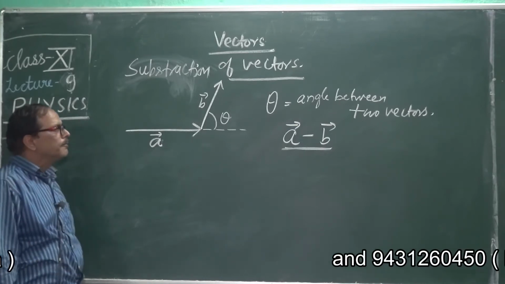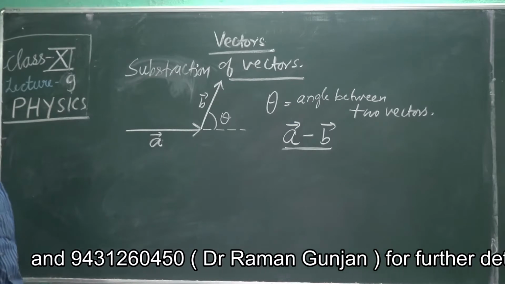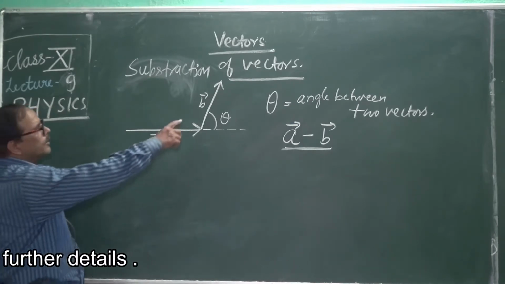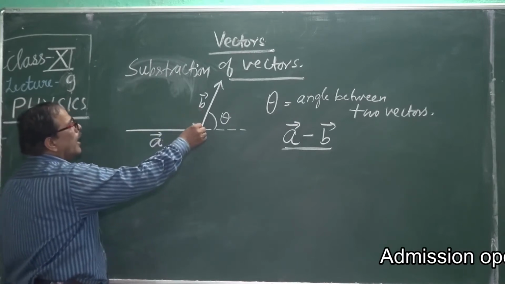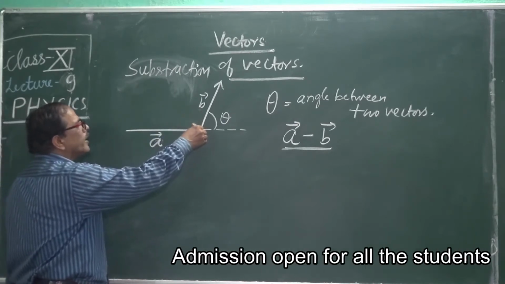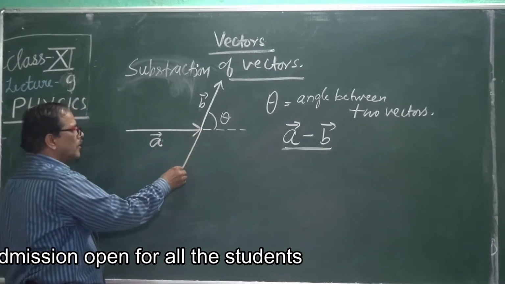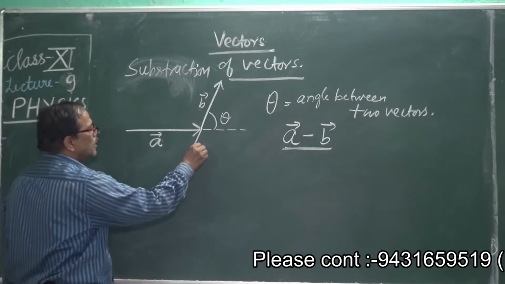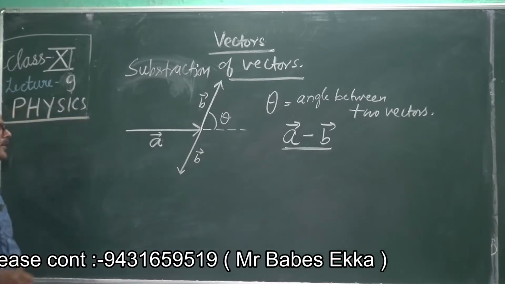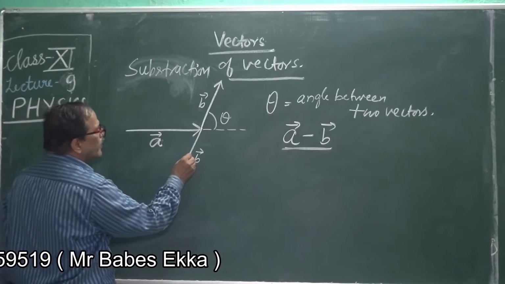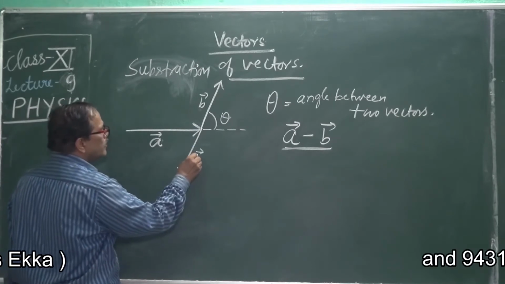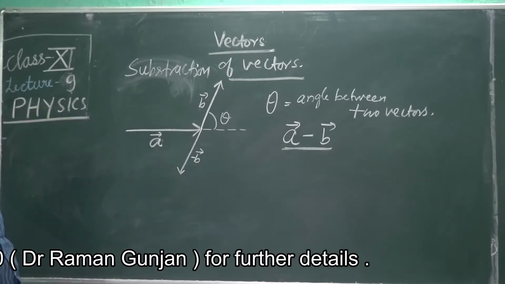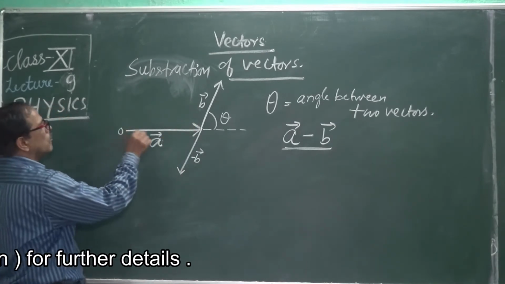How do we represent the subtraction of a vector? See here, this is the vector B, and if we take a vector of equal magnitude but in opposite direction, then this vector is the negative of this vector.